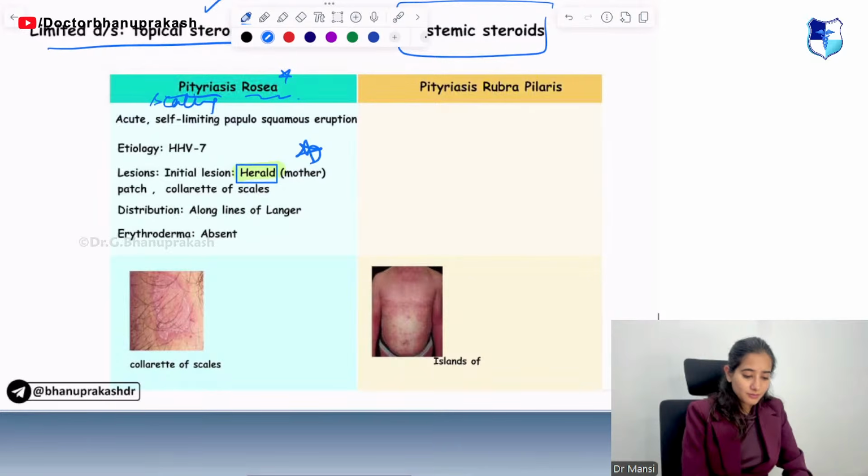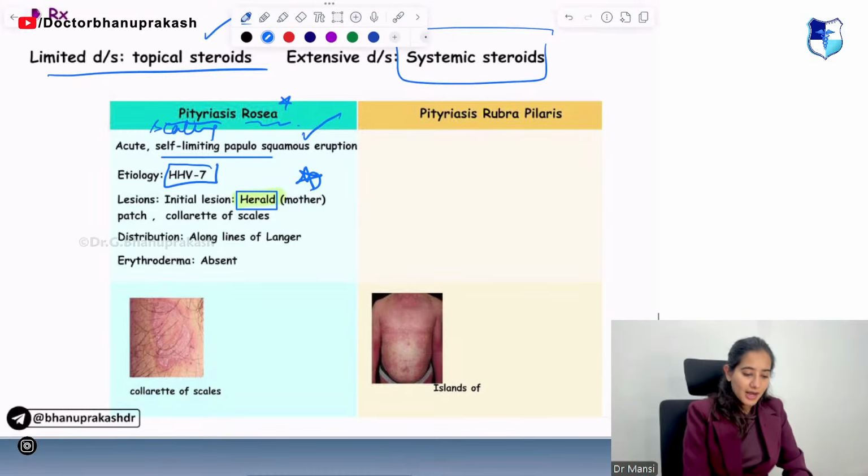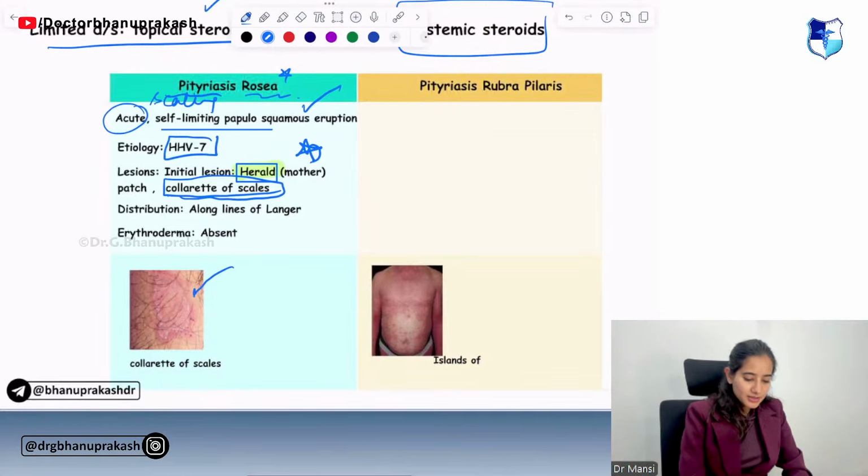And the etiology is HHV7. This is a self-limiting papulosquamous condition, and it is acute. Mostly, there is a collarette of scale, because if you look at this lesion, it appears as if it has a collar-like appearance.